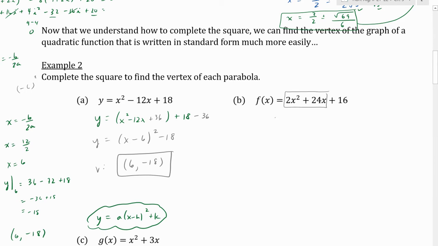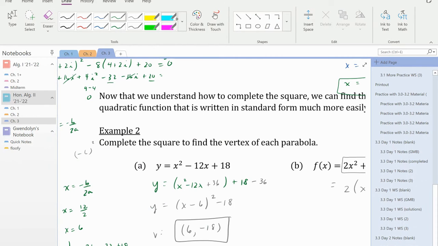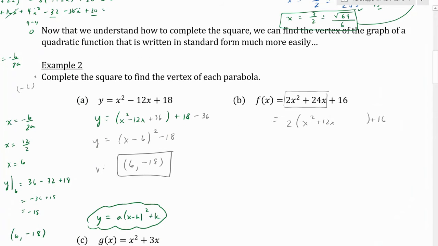But if you're going to do this, when you complete a square, you have to have a lead coefficient of 1. And you don't want to just divide both sides by 2 on this one because it's not set equal to 0. We're just going to factor the 2 out. Okay, we're going to complete the square. Half of 12 is 6. 6 squared is 36 again. But this time around, I didn't just add a 36 to the right side.